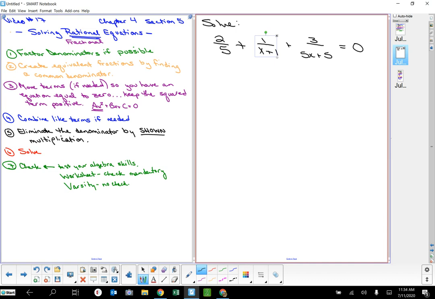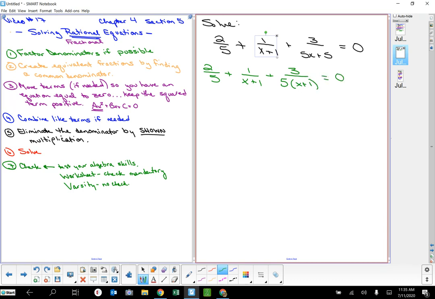All right, so this one's already set equal to 0. Remember that our first step, the green step over there, is to factor your denominators if possible. Well, I can't do anything with the first fraction. I can't do anything with the second fraction, so we're just going to rewrite those. But the third one has a GCF in it. So this is going to be 3 over 5 times x plus 1 equals 0.